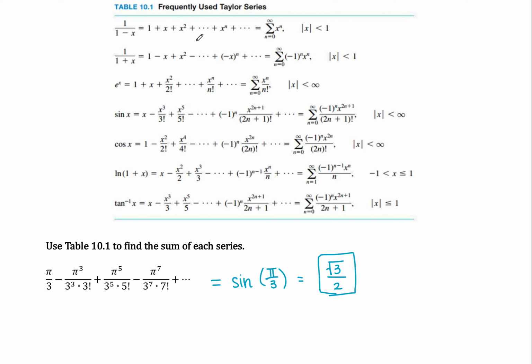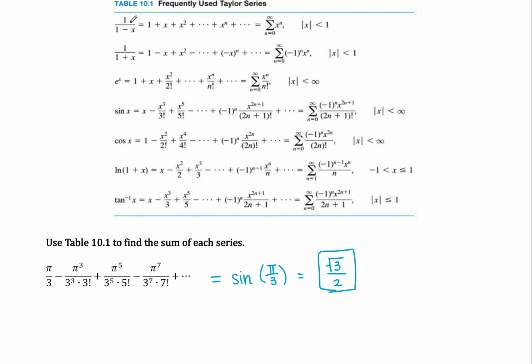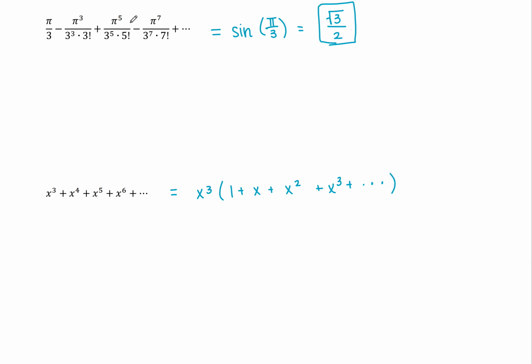Well, it's at the very top here. 1 plus x plus so on is equal to 1 over 1 minus x. So I have x cubed times 1 over 1 minus x, which is just x cubed over 1 minus x. Makes things very easy to work with.